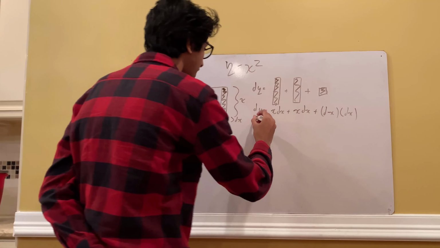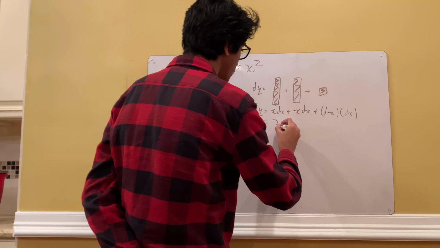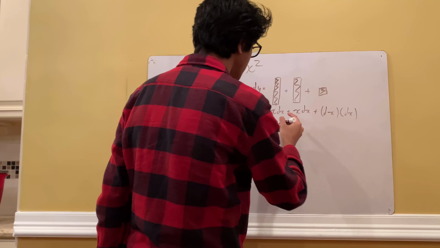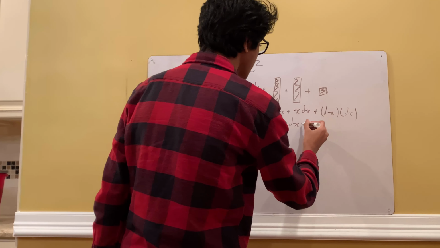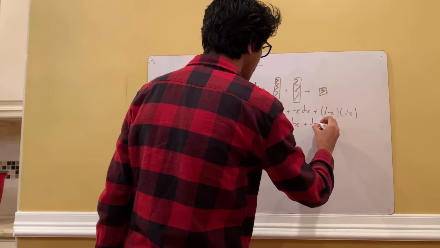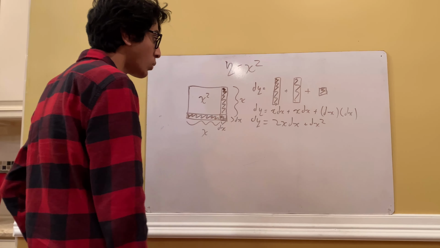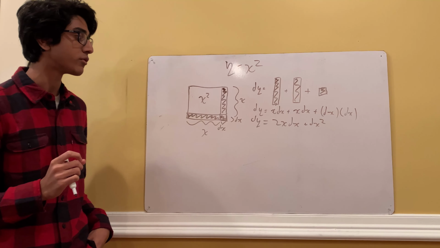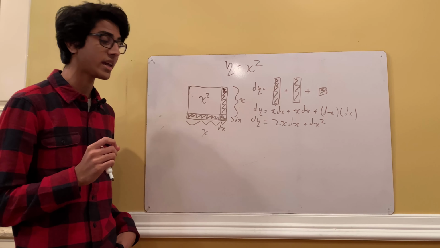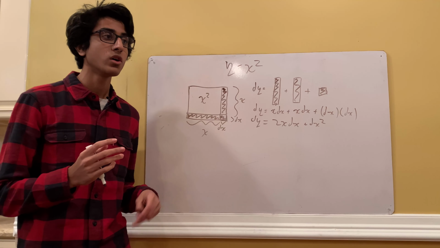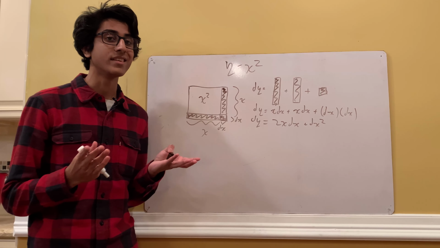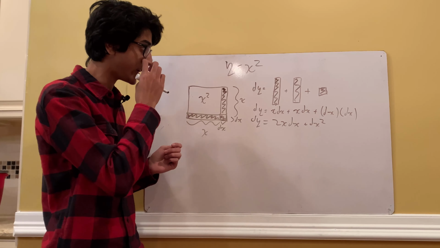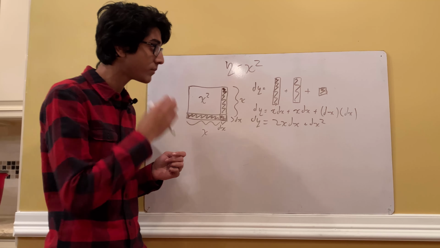And we can simplify this by doing 2x dx. I just brought these two terms together and turned this into dx squared. And one thing we can do is that we're trying to find a very, very small change in x. So our goal is to find the instantaneous rate of change.